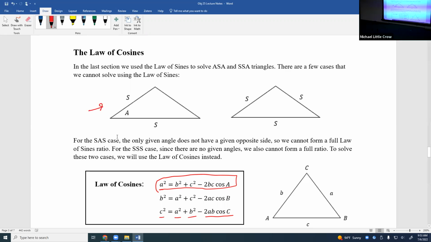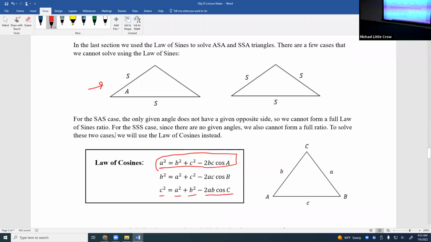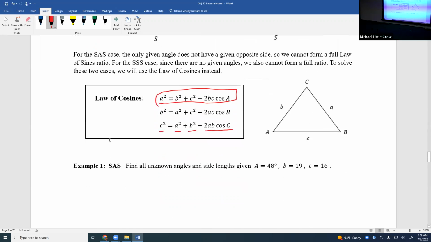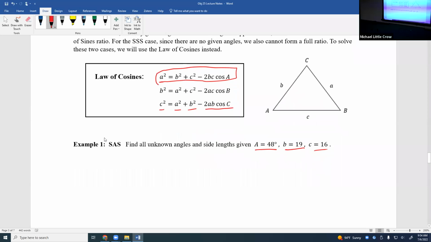Okay, so we've got one example, and then one where we're going to work on setting up the triangle, which is the major part of it, getting the way they give us the angles. To find all unknown angles and sides, we're given one angle and two sides. Again, it's always good to draw it out.